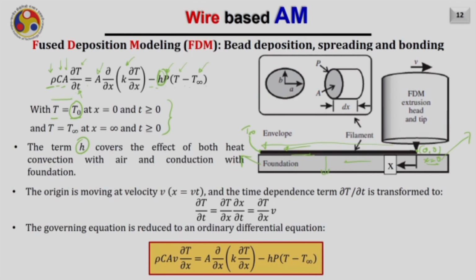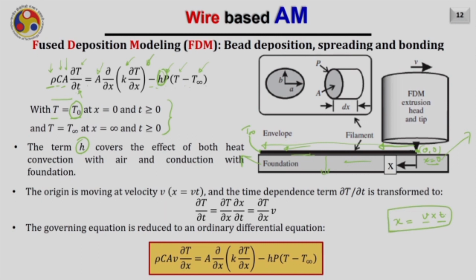Now, if this origin 0, 0 is moving with the velocity v in this direction, hence at any point of time the distance travelled x will be equal to v into t, the velocity and the time after which we are observing.